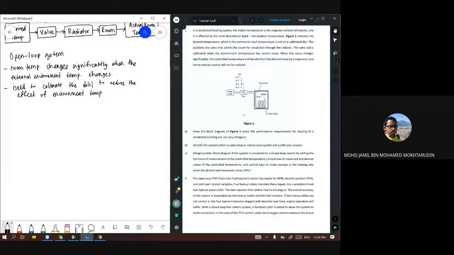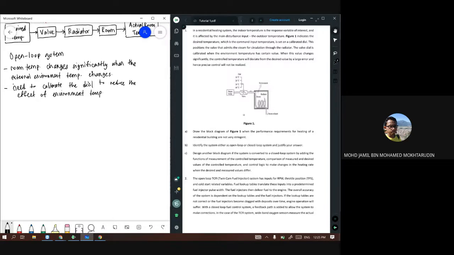Okay, then question C, design another block diagram if the system is converted to a closed loop system by adding the functions of measurement of the controlled temperature, and then comparison of measured and desired value of the controlled temperature, and control logic to make changes in the heating rate when the desired and measured values differ.